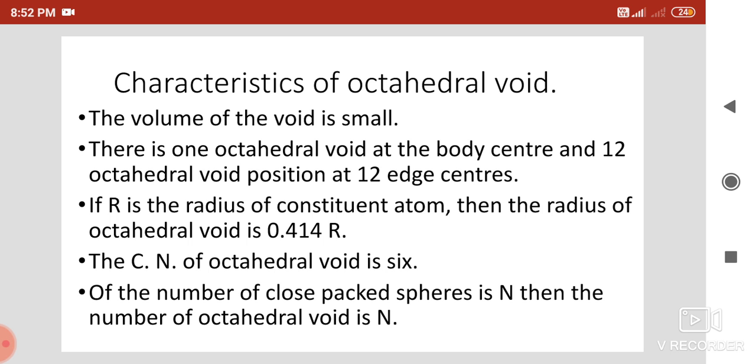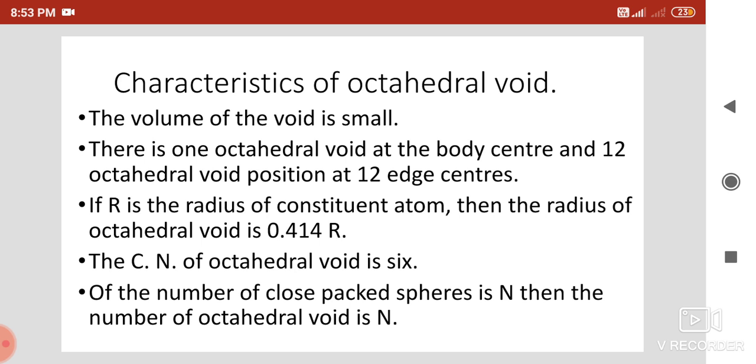If R is the radius of the constituent atom, then the radius of the octahedral void is 0.414 R. So octahedral voids are a little bigger than tetrahedral voids. The coordination number of an octahedral void is 6, since the empty space is surrounded by 6 spheres.